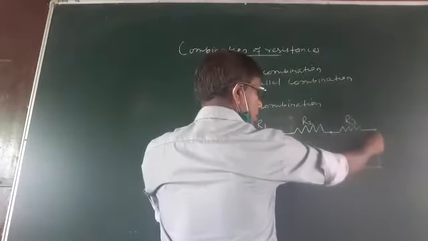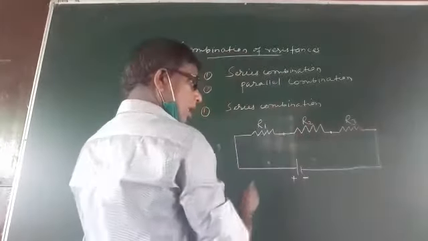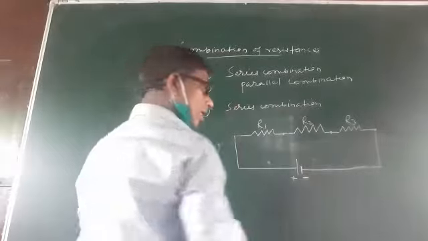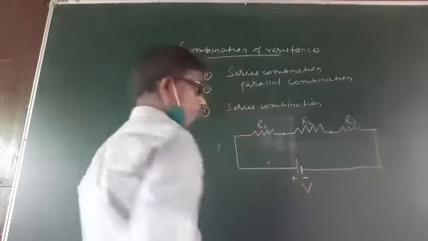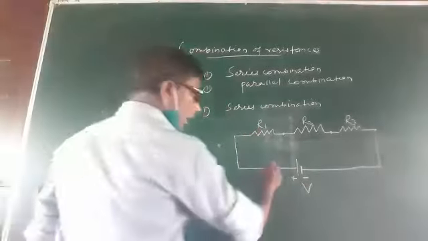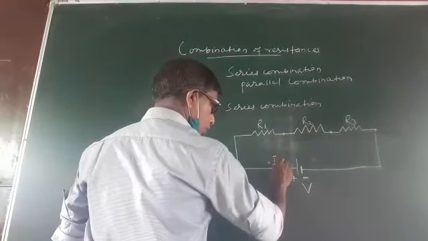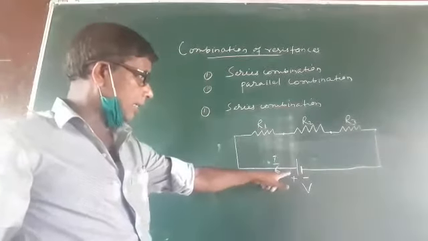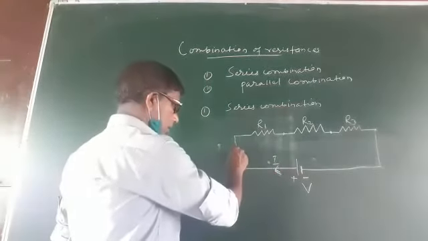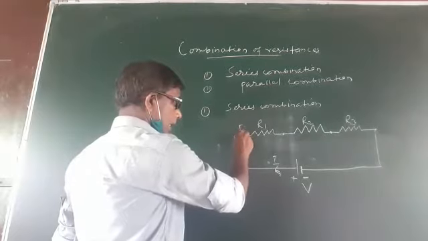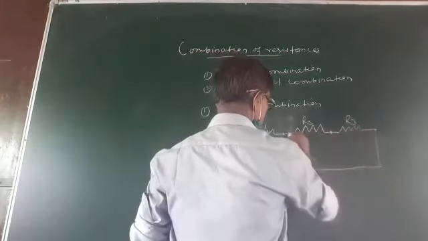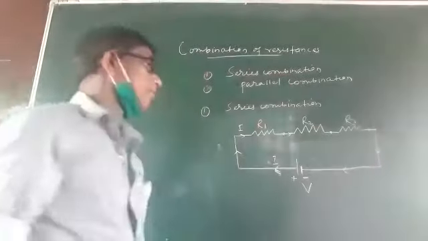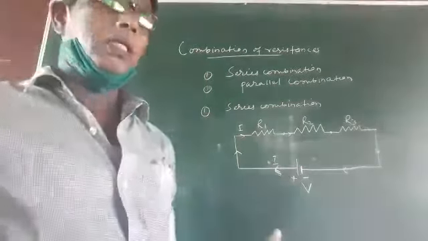Both the ends of this combination are connected to a cell having potential difference V, due to which current I, the symbol of current, flows in the circuit. This is the complete circuit.